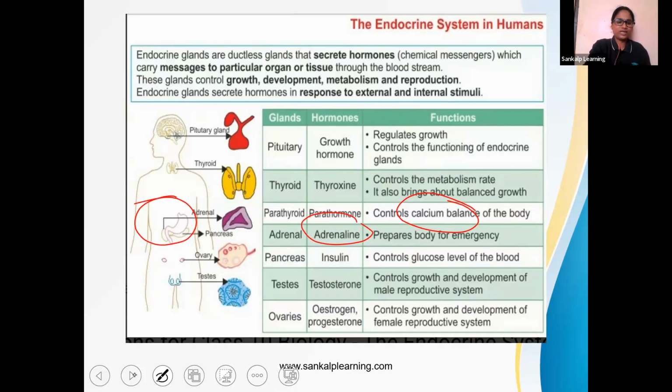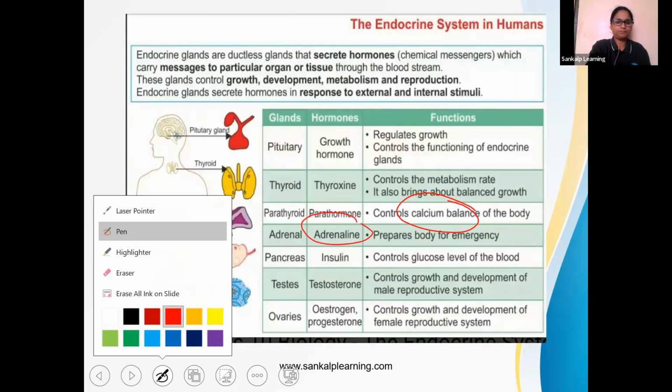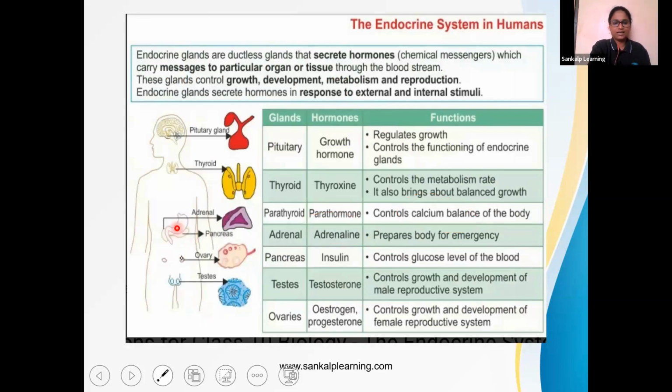Pancreas. Here you can see the pancreas near the liver, below the stomach. It secretes a hormone called insulin, which controls the glucose level, that is the sugar level of the blood. Then we have the testis in the male. The testis will secrete a hormone called testosterone.